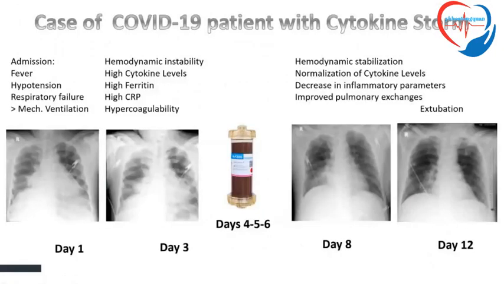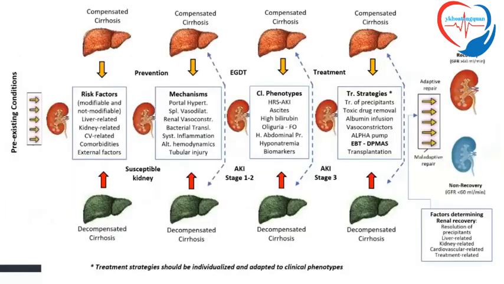This was one of our patients, admitted with fever, hypotension, and respiratory failure, placed on mechanical ventilation, hyperinflamed and hemodynamically unstable, treated with 3 sessions of HA380. We have this type of cartridge. Afterwards we found hemodynamic stabilization, normalization of cytokines, decrease in inflammatory parameters, and improved pulmonary exchanges until extubation.